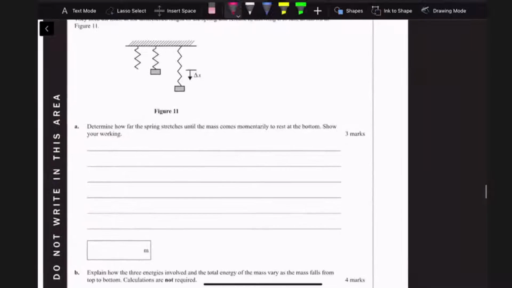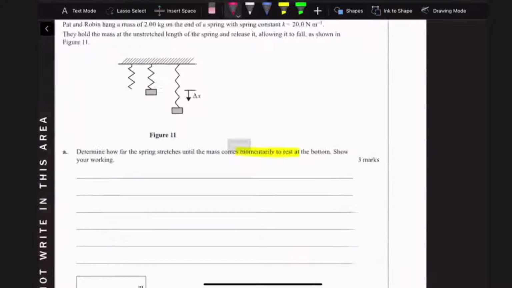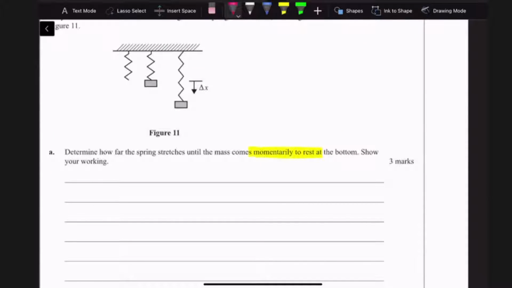So now we have a springs question. So determine how far the spring stretches until the mass comes momentarily to rest at the bottom. So momentarily to rest is a bit tricky because it's not actually asking for when Fs is equal to F weight. It's only asking momentarily at rest.